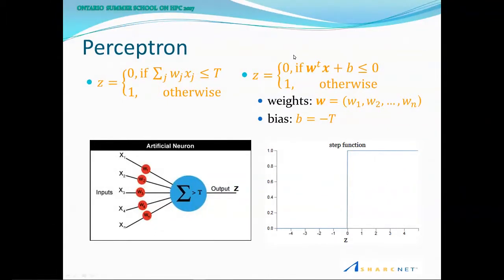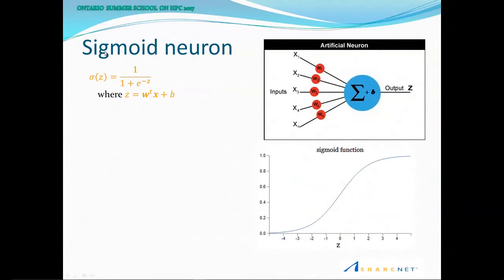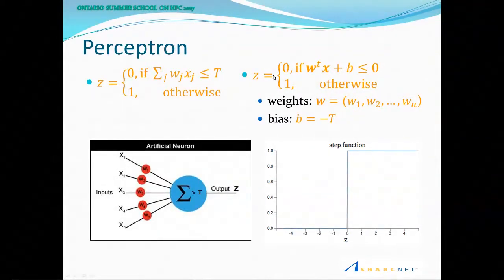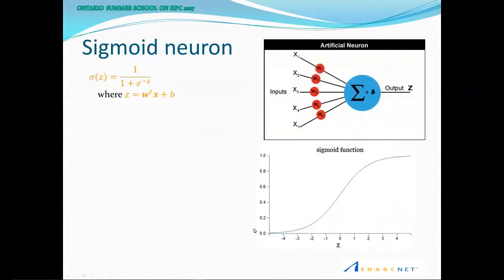But mathematically, if you reformat the formula on the left, you can get something like this. It's equivalent, and now we have a new meaning for W and B. W are the weights, and B is the bias for the neuron.